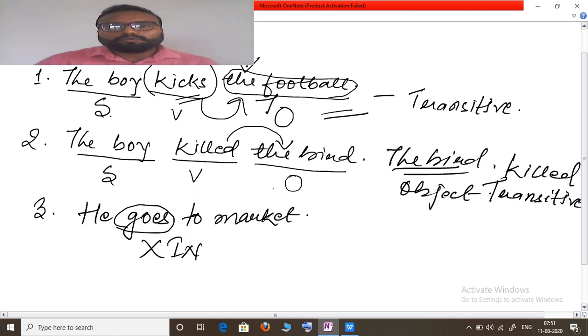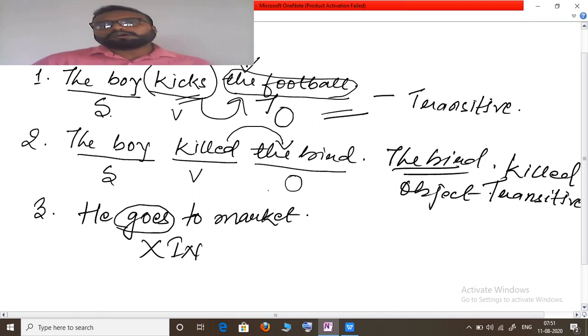So we got to know what a transitive verb is and how to find a transitive verb and how to find an object. The easy way to find the object is to frame a question by using the interrogative word what. Whatever you get as the answer will be the object, and the verb which allows you to form a question with what only.